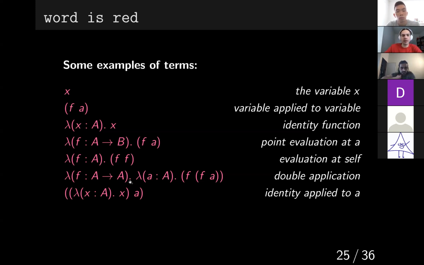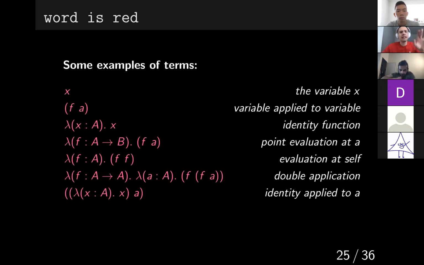Here's another example, double application, taking a function f from A to A, a term in A, and then applying f to A twice. And you can also have applications where the first thing is a lambda. So this looks like the identity function applied to A. Here are some examples of terms that are defined by the grammar on this page.